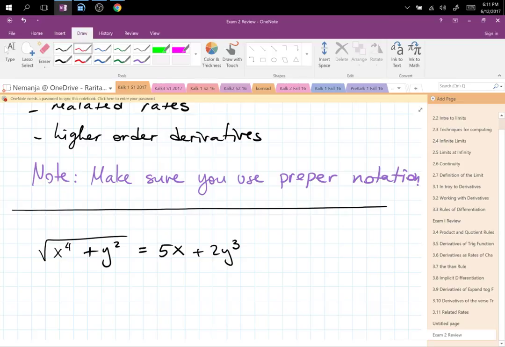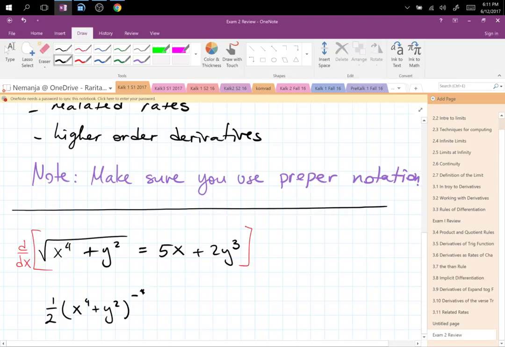To find the derivative, I will put the operator in front, with respect to x this time. So I have square root of stuff. The derivative of that is 1/2 stuff to the negative 1/2 times the derivative of the inside, which is 4x cubed plus 2y dy dx, equals, and the other side is just straight through.